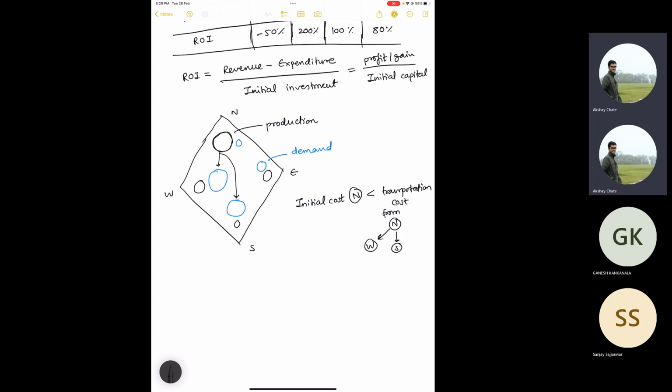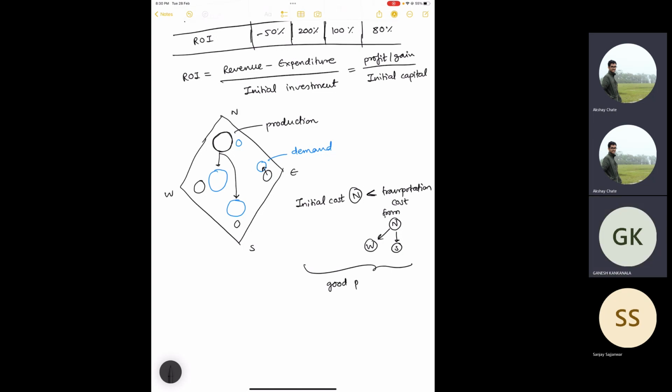So whatever it was producing, it was going there locally. So we'll not bother about the East India part. But from North India, major chunk was going to West and South because in North India demand was very small. So as long as the initial cost is lower than the transportation cost, this model is feasible, right? You will get good profits.